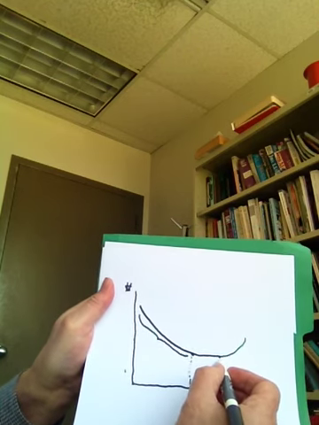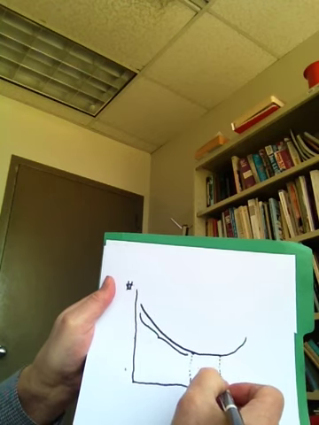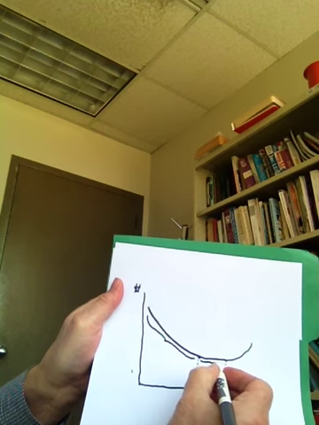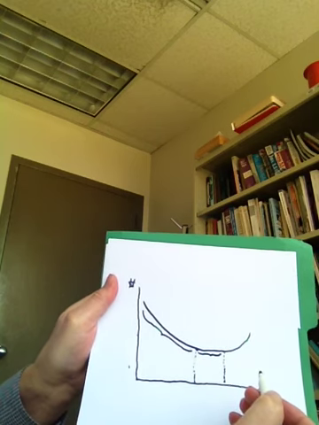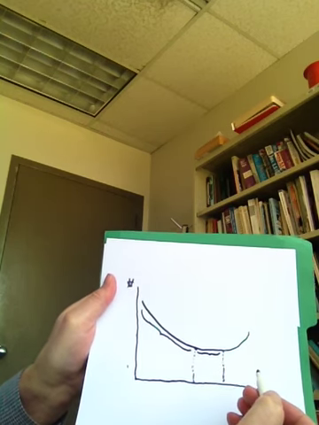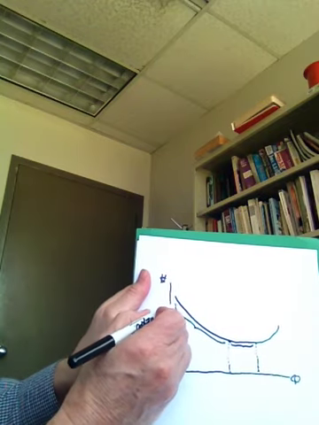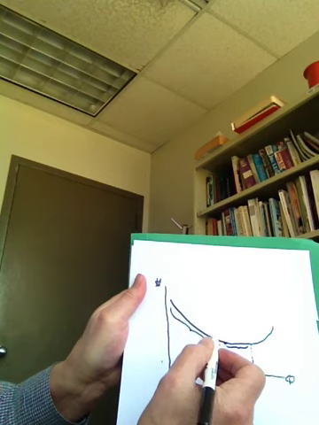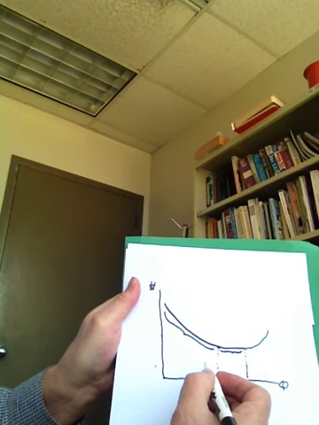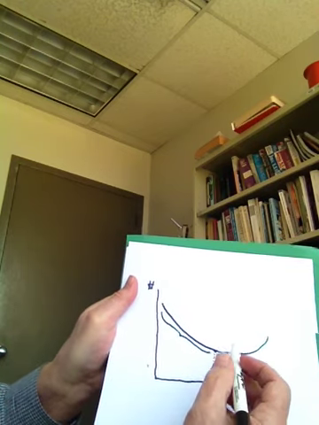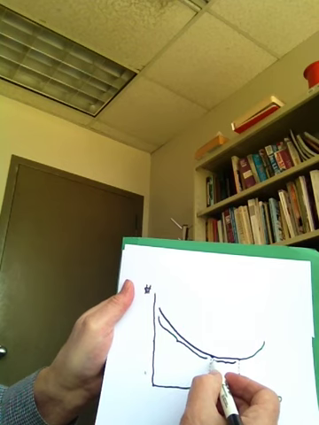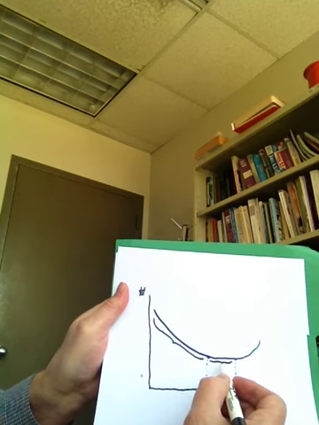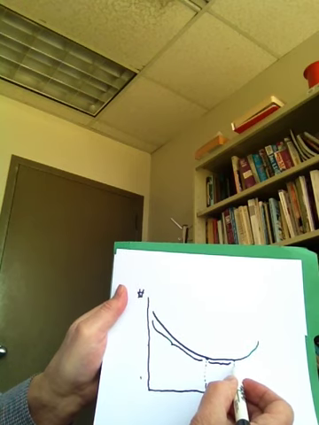Here, the cost is falling as the firm is growing in size, in scale. Here, the average total cost is not falling as the firm becomes larger, but it's not rising either.